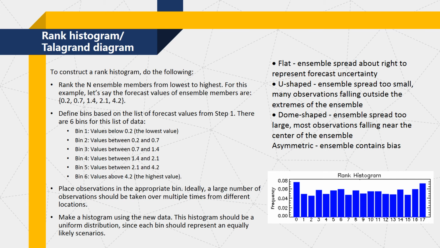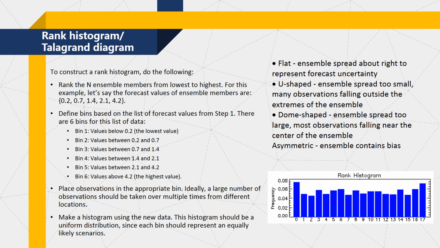The first is to rank the ensemble members from lowest to highest. For this example, let's say the model values of the ensemble members are 0.2, 0.7, 1.4, 2.1, 4.2. And then we have to define bins based on the list of forecast values from step 1.